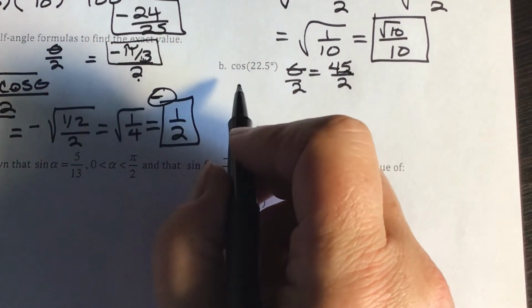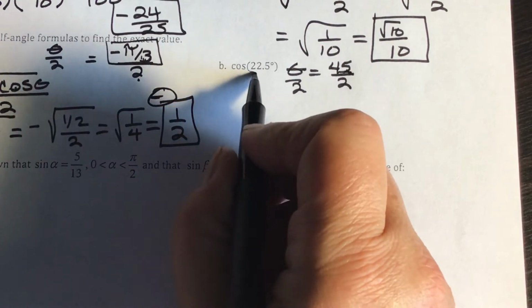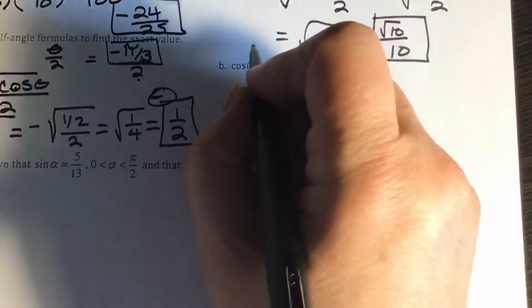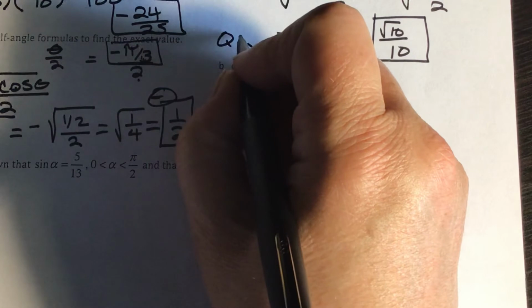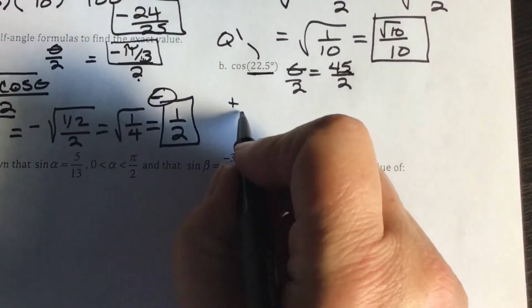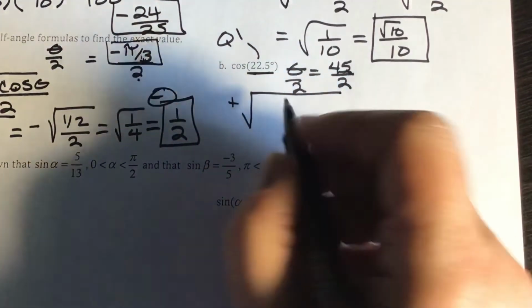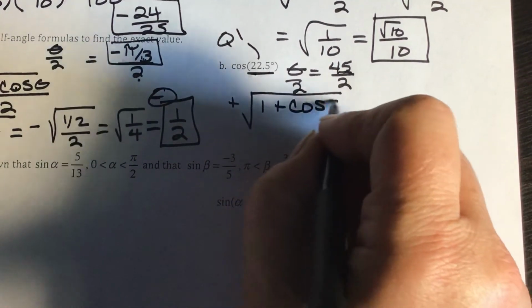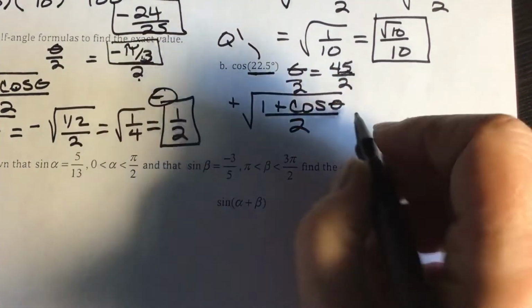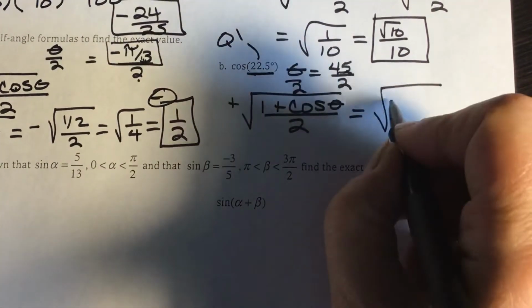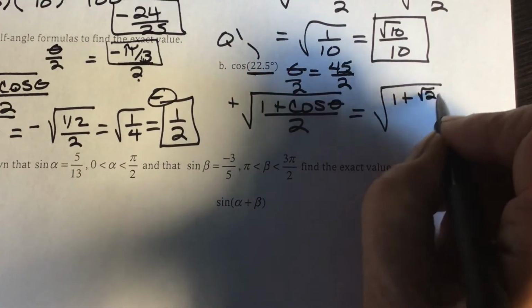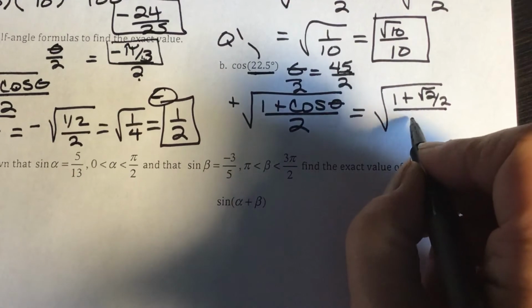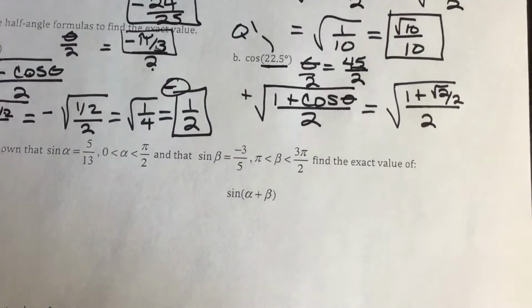So my formula, and by the way, this 22.5 degrees is in quadrant 1, so I'll use the positive value of the square root, and I have 1 plus cosine of my angle divided by 2, which is 1 plus the square root of 2 over 2 divided by 2.